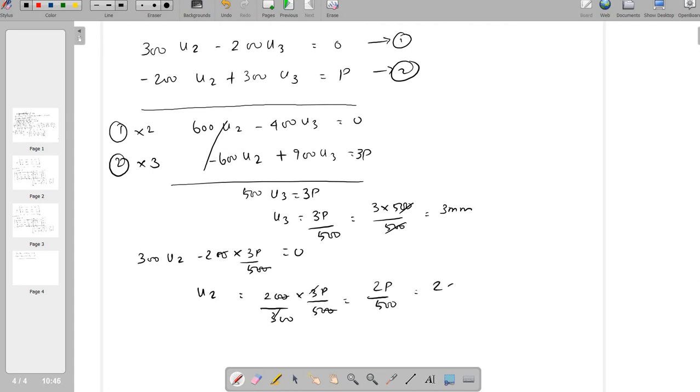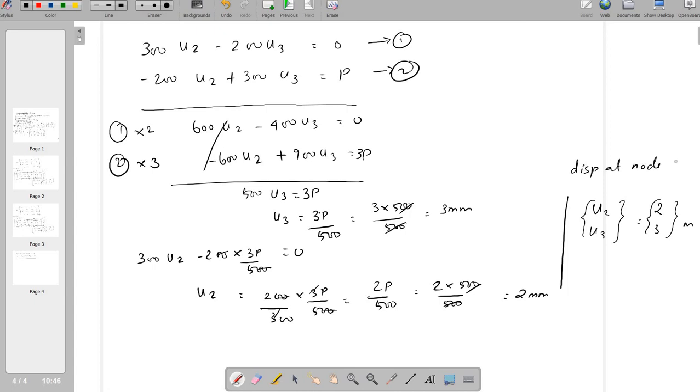If you substitute 2 into 500 by 500, it is 2 mm. U2 is 2 mm. So in matrix format, the U2 U3 vector is 2, 3 mm. That is the displacement at nodes 2 and 3. So this is the second subdivision of the problem.